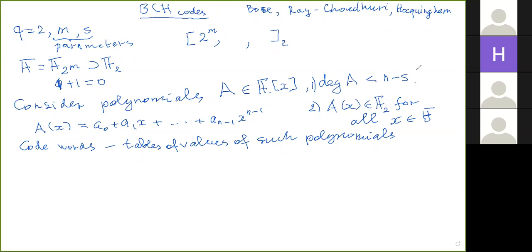And we know that code words of a Reed-Solomon code differ in at least s+1 positions, because the degree is n minus s minus 1 at most. So the number of positions where 2 words coincide is hence at most n minus s minus 1. And so the minimum distance is at least s+1.